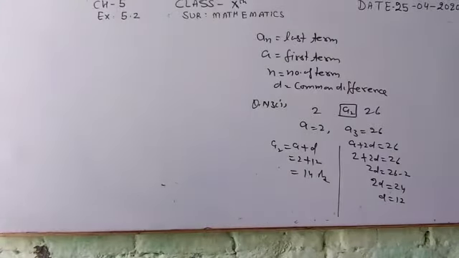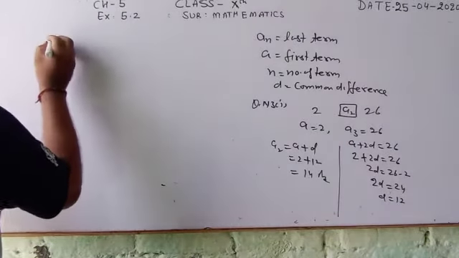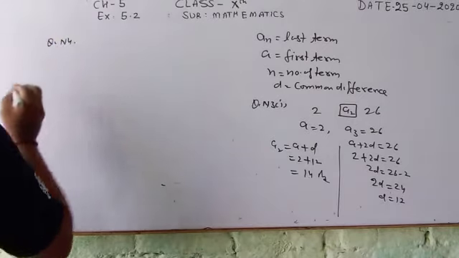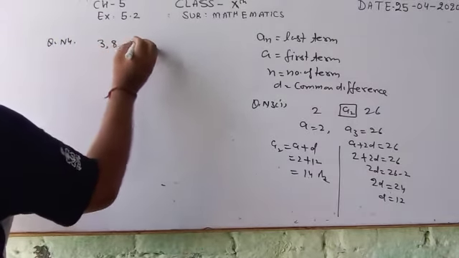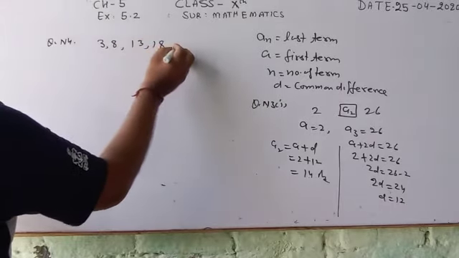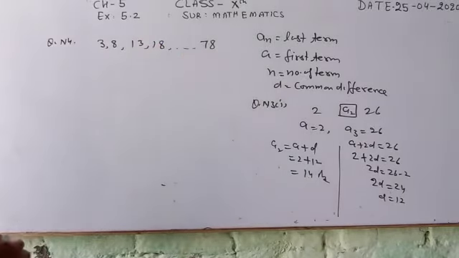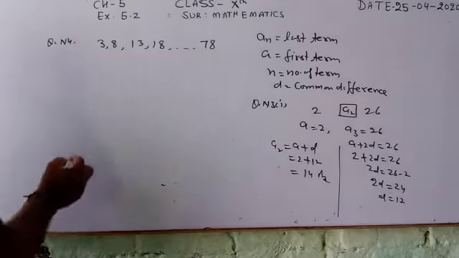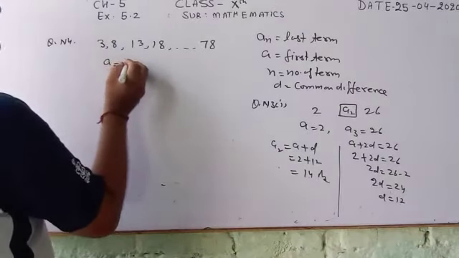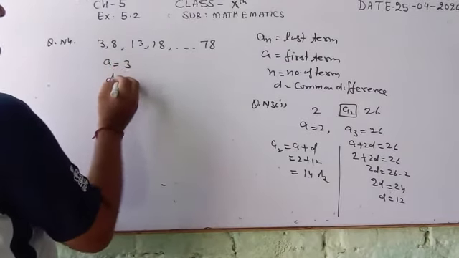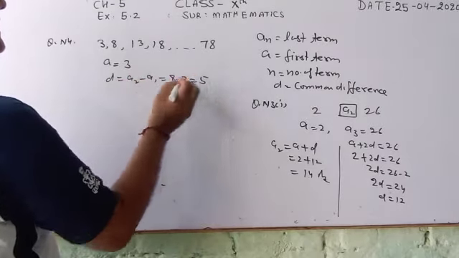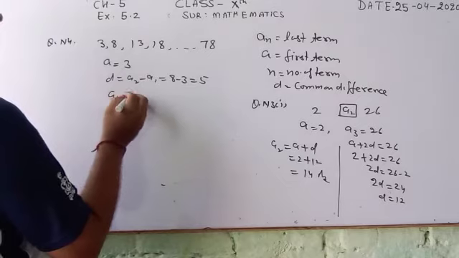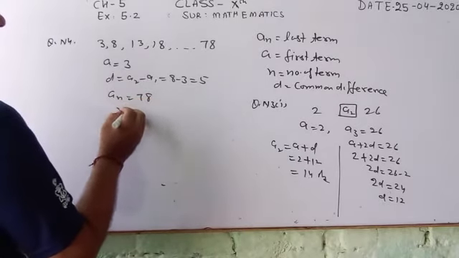Students, we are taking question number 4. Which term of the AP 3, 8, 13, 18 is 78, the last term? So a equal to 3, d equal to a2 minus a1, 8 minus 3 equal to 5, and a_n equal to 78. Find n here.